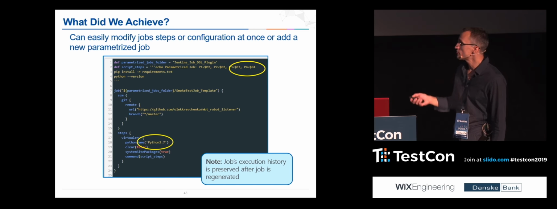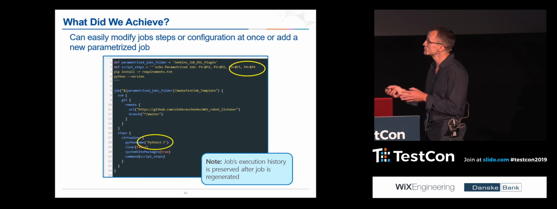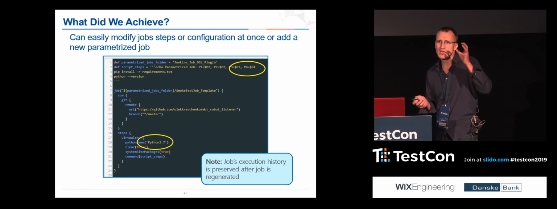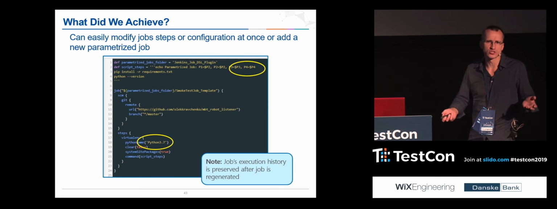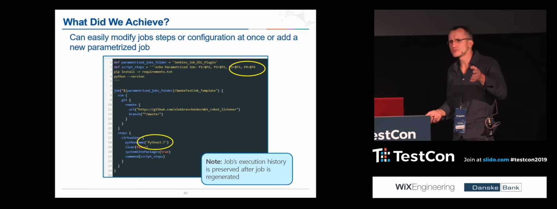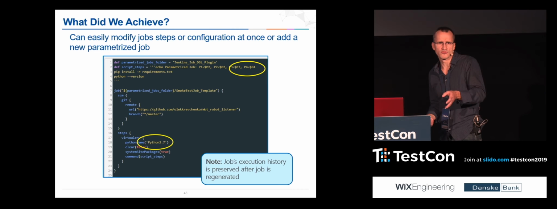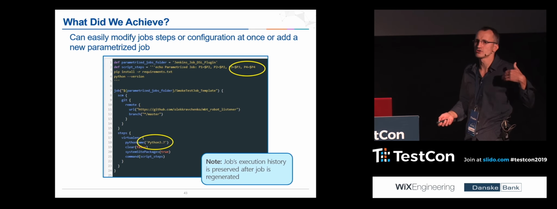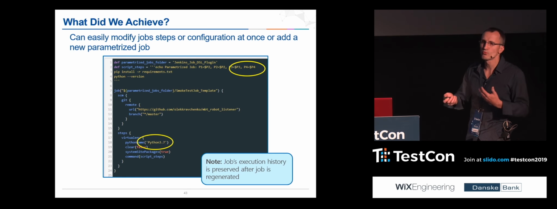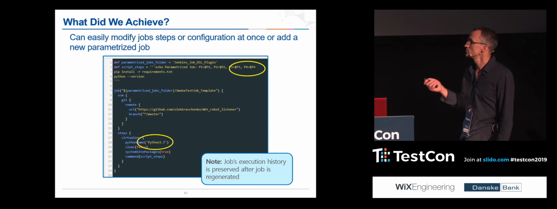Moreover, what's a very useful thing is that if you update these steps and regenerate your child jobs, the history of job execution is preserved, right? So you can still look at the logs and see what the trends were for this job.